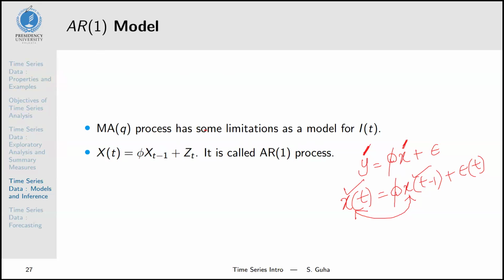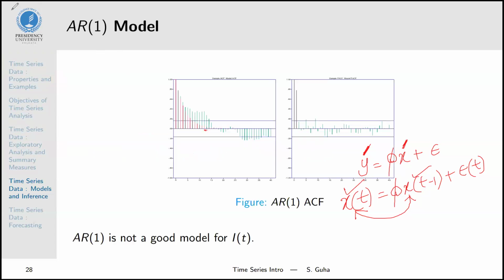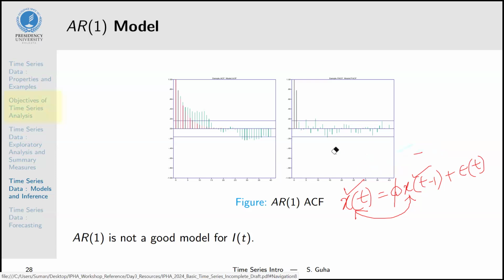First, we'll see what happens with the autoregressive model of order 1. Can you see now that this autoregressive model of order 1 has some nice property: at least the autocovariance function of this model is not suddenly getting chopped off like an MA model.